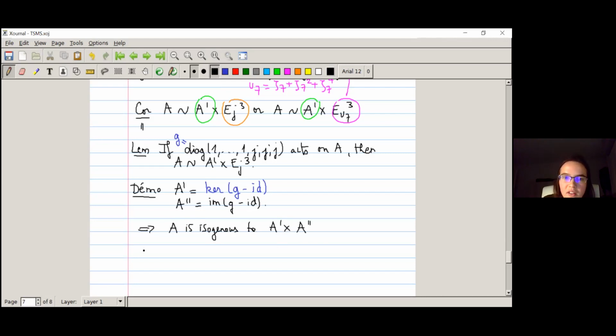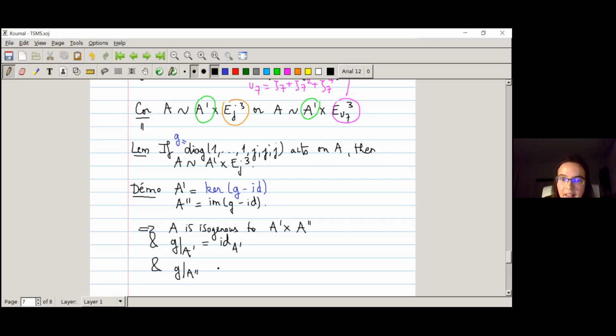And now the question is, J restricted to A prime: on A prime, J is the same as identity, because it's a kernel of J minus identity.